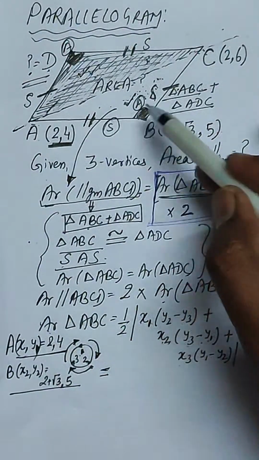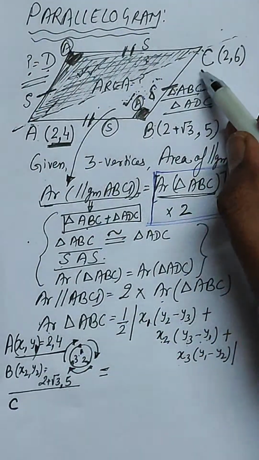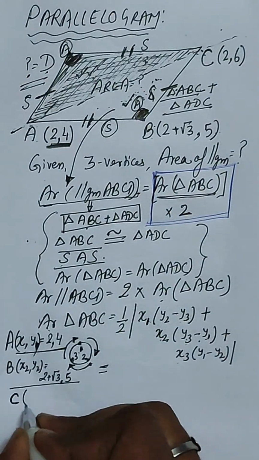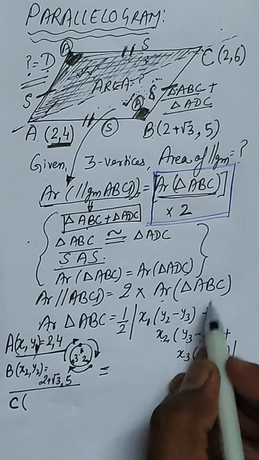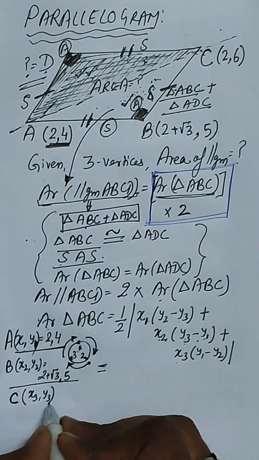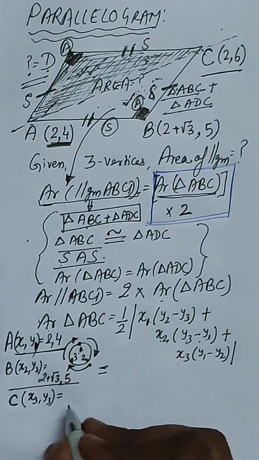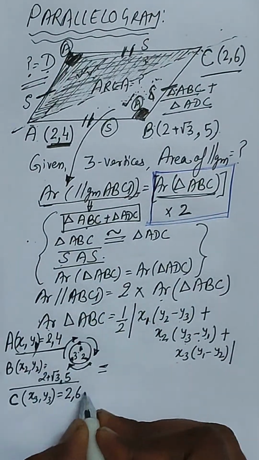For C, x3 y3, we have our values 2 and 6.